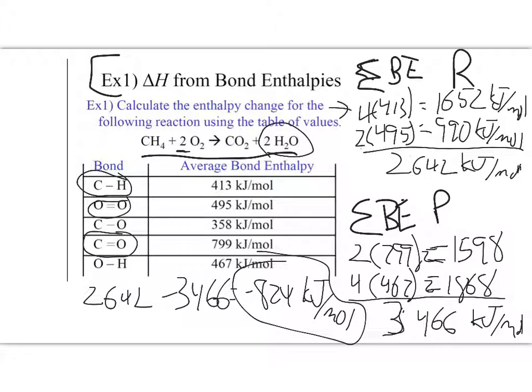Heat is given off because there is more heat given off than there is absorbed as the bonds are broken and formed again. And of course, we know this is a combustion reaction, right? It should be exothermic, huh? Could have predicted that ahead of time, I guess.